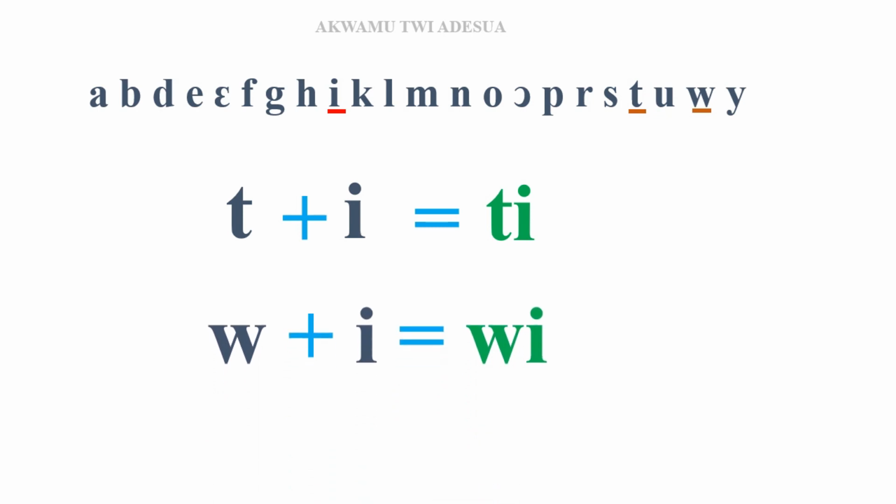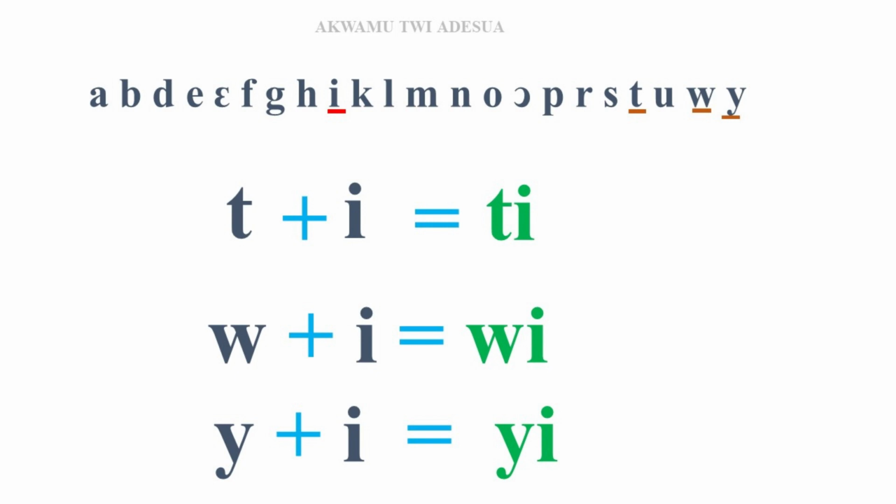T plus E, which is the T, and the I will give us T. W plus E, which is the W, and the I will give us we. J plus E, which is the Y, and the E or the I will give us Y.